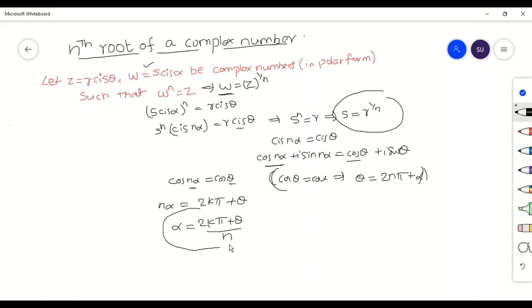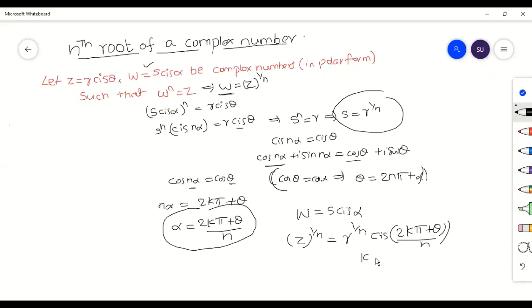Here alpha is equal to this value, but we have w is equal to S cis alpha. W means Z whole power 1 by n is equal to S, which is r power 1 by n, into cis alpha, which is nothing but (2k pi plus theta) by n. Here k values we have from 0, 1, 2 and so on up to n minus 1.